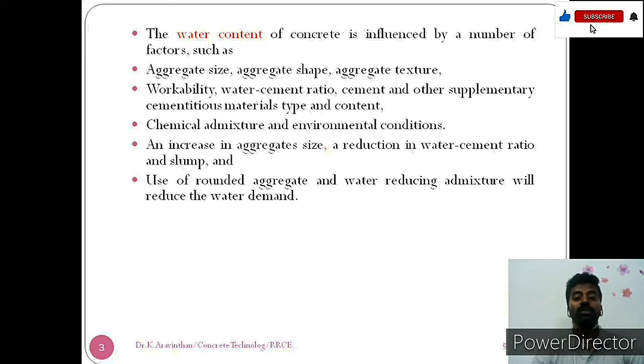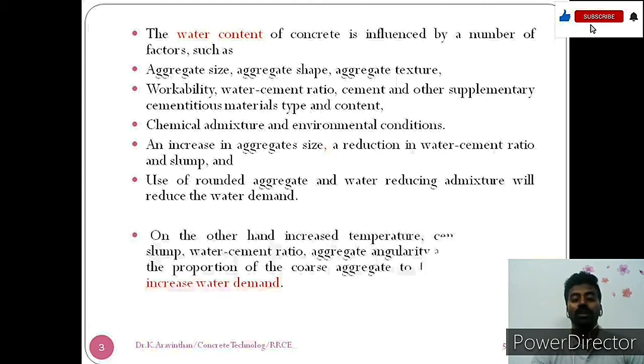According to this, we have to match the water content. An increase in size of aggregate brings a reduction in water cement ratio and slump. Also, rounded aggregate and water reducing admixture will reduce the water demand. So these are the factors taken into account while deciding the water content.